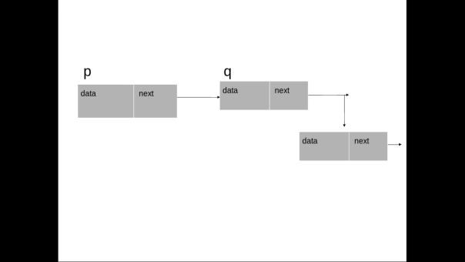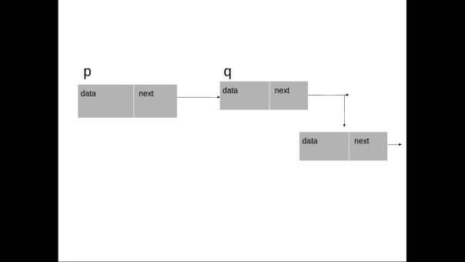Now how to know what is a rear end? P will be our front end, and suppose the third node is R, so R node will be the rear end. Rear end is a node where the next node will be null, the last node in the list.